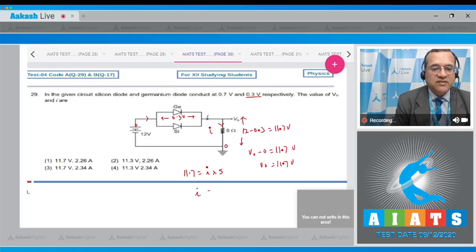Therefore, the current I will be equal to 11.7 divided by 5, and you solve, this becomes 2.34 ampere. Looking at the options, option number 3 is 11.7 and 2.3 ampere. So the correct answer is option number 3.